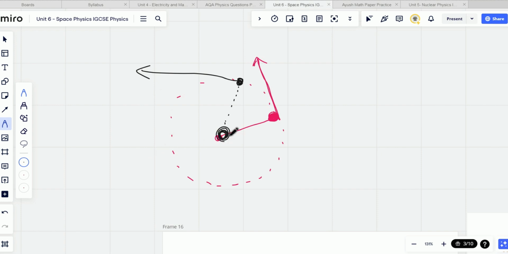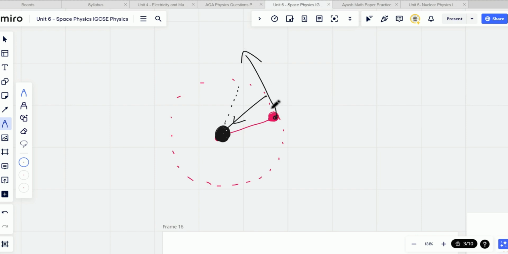This is how the planets also work. Let's say this is the sun, and these are planets. Let's suppose this is the sun, this is the earth. Now, the earth is being attracted towards the sun, so it came over here. Now, what happens? It tries to drift away from the sun, but what does the sun's gravity do?